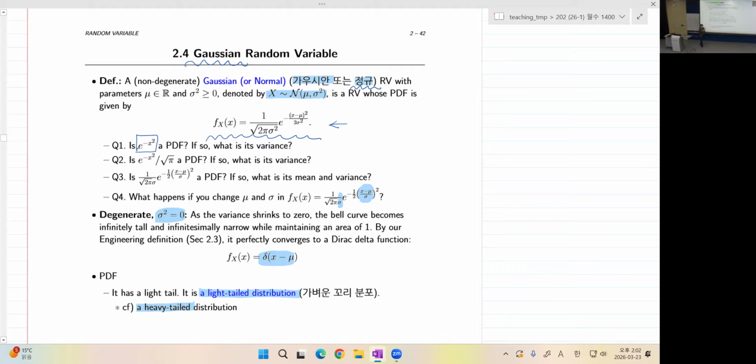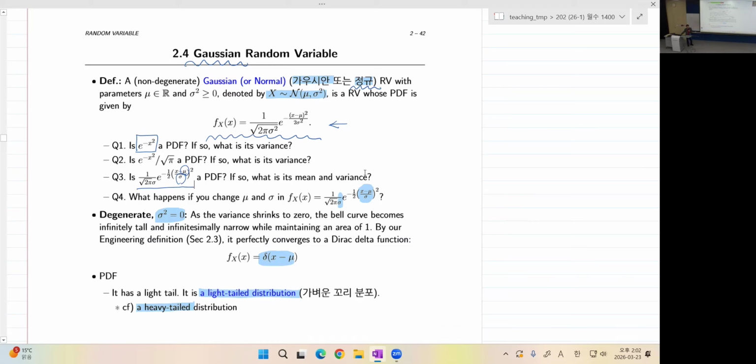And then you can find that the integral is square root pi, something like that. And then you normalize properly and have this form. This integral gives you 1, whatever sigma and whatever mu you have.